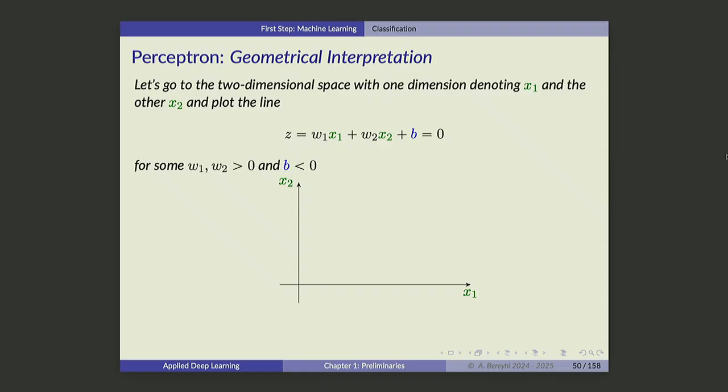Correct? And now, if you look at this one, you're going to just put x1, for example, 0, right? x2 is going to be minus 1, so here is minus 1 when x1 is 0, so this is 1 point. The other point is when I put x2 equal to 0, then x1 is going to be minus 1, right? So this is the other point. Everybody's cool?